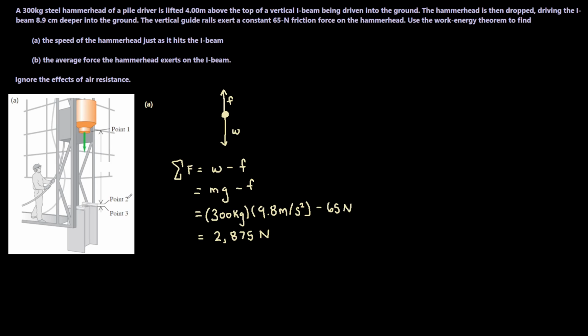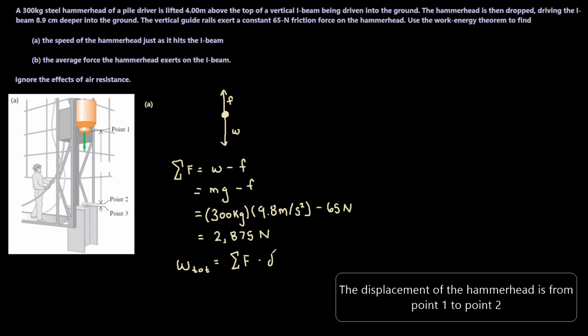If you remember from a couple videos ago, we said that the work is equal to Fd cosine theta. But since we know that the force and displacement vector are in the same direction, which is downward, we know that the cosine theta is going to equal 1. So the work done on the hammerhead equals the net force times the hammerhead's displacement.